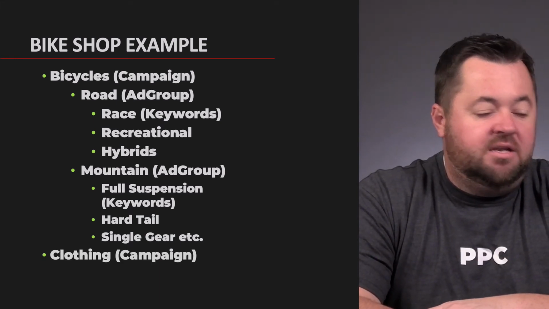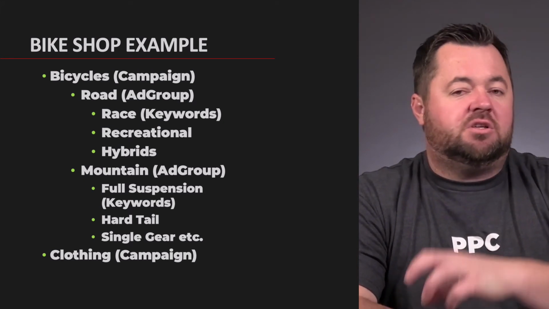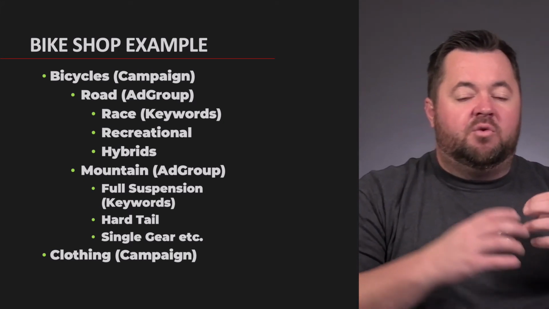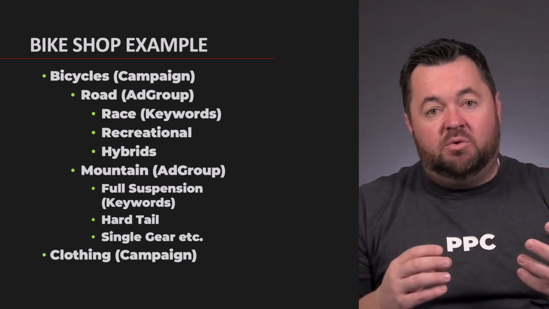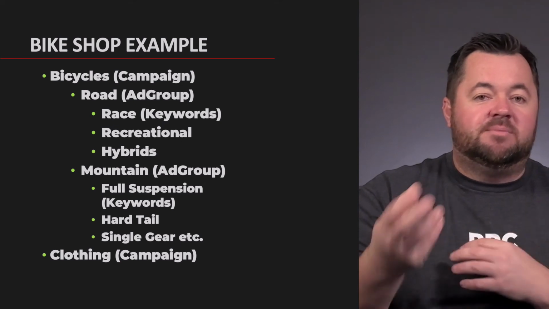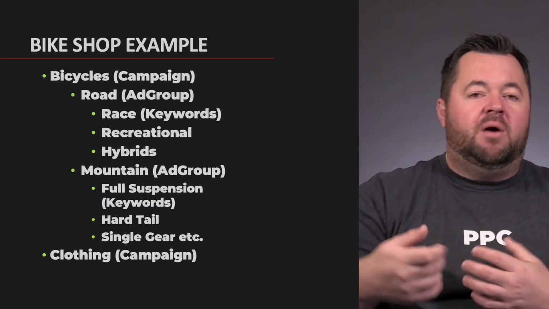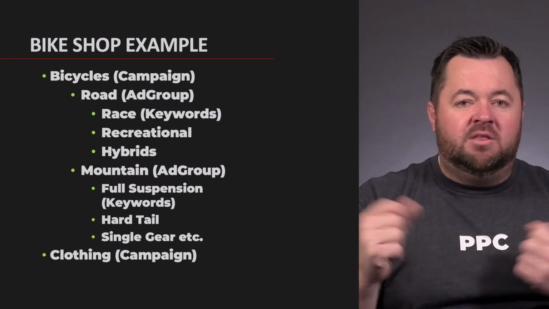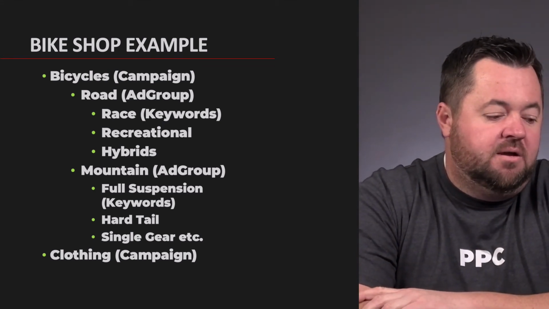But when we get into selling clothing through the bicycle shop, maybe we want to start our own campaign. The reason why we might want a separate campaign for bicycles and clothing is there might be some seasonality to it. We might be able to sell clothing all year long, but we might want to turn off the bicycle ads in the winter time when we switch to more winter activities.